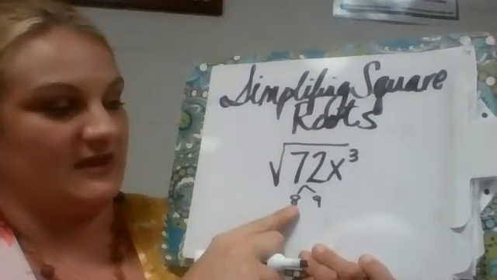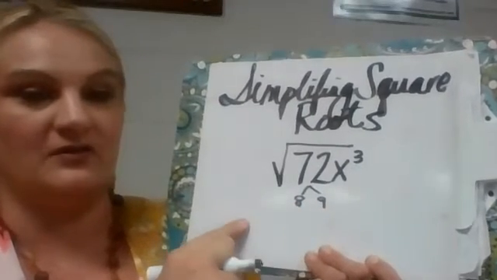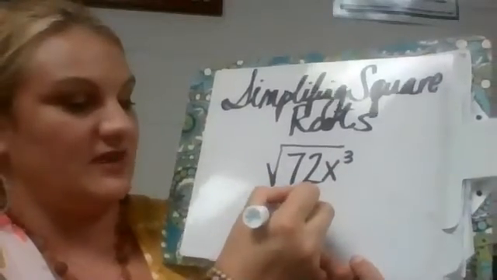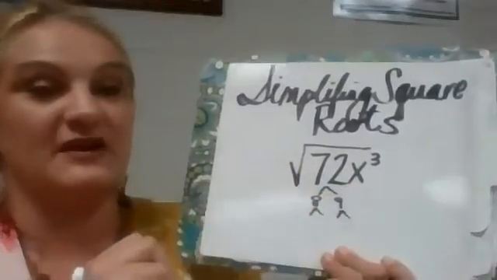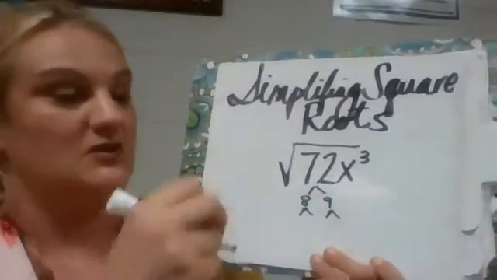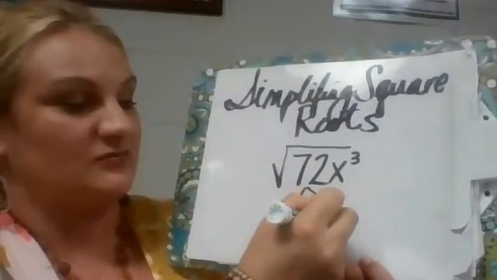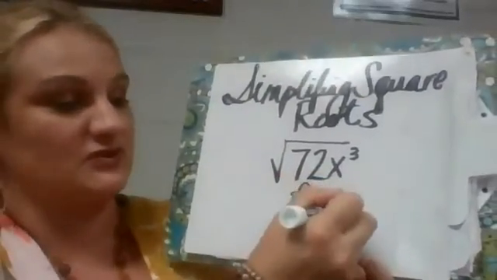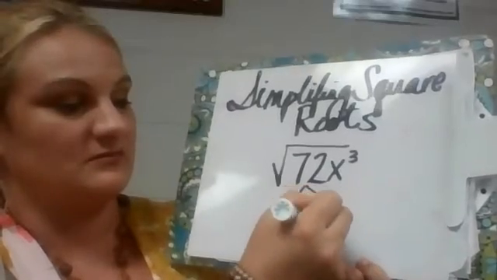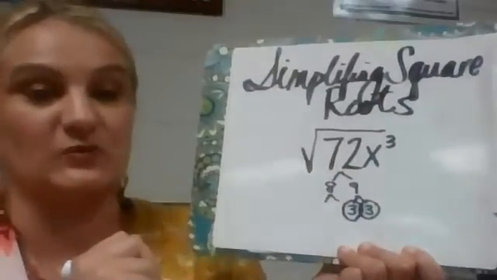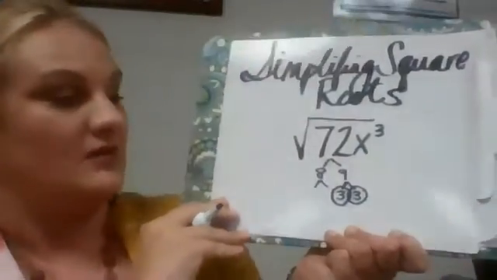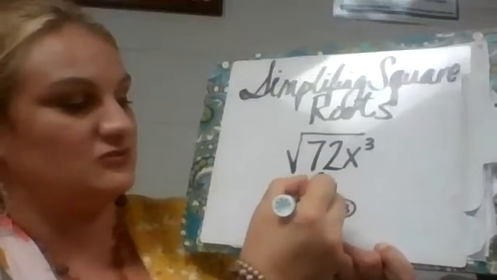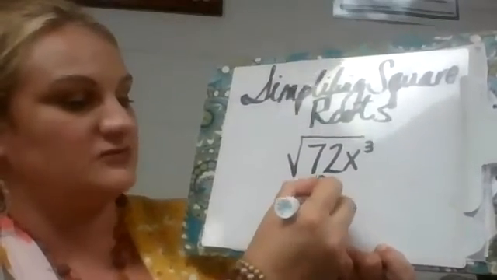Then we look and say, okay, is 8 and 9 prime numbers? And no, they're not. So then we have to break them down even more. So 9 we can break down to 3 and 3, and those are prime numbers. So those are good numbers. So we're going to circle them because we're going to use them. 8 can be factored into 2 and 4. 2 is a good number.